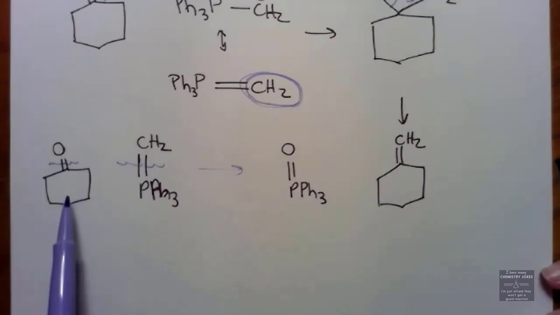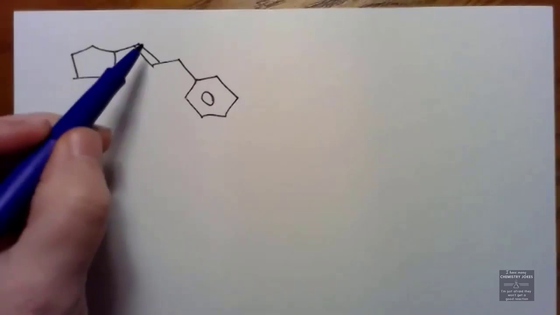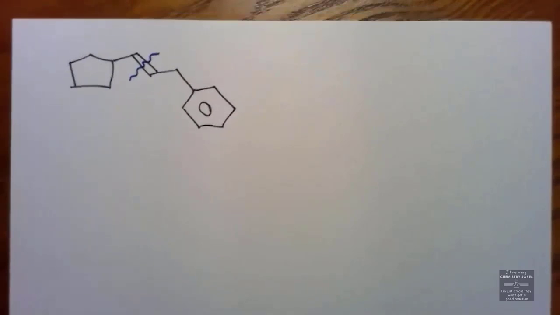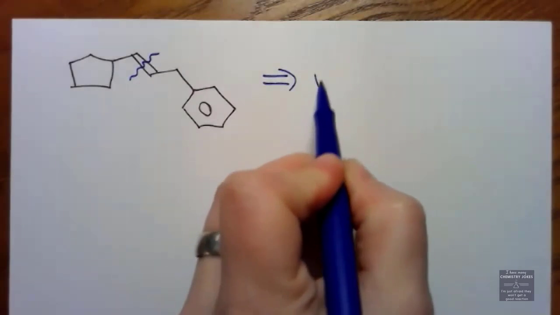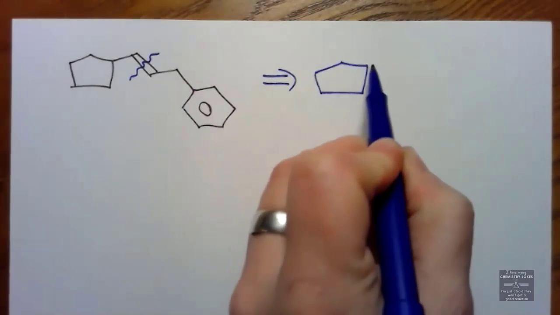And you're going to make a new carbon-carbon bond, like this. You're just cutting those two things and stitching together the things that weren't previously stitched. Now let's try the synthesis. Wittig makes double bonds. So that double bond is what you're going to make when you're trying to do this from a Wittig reaction.